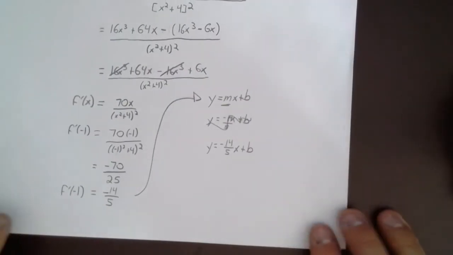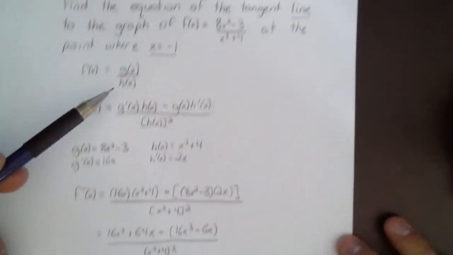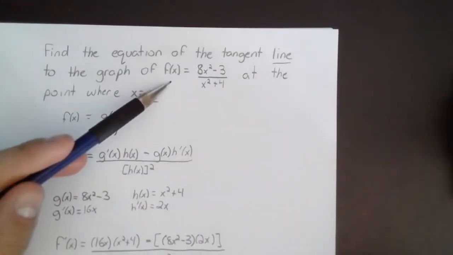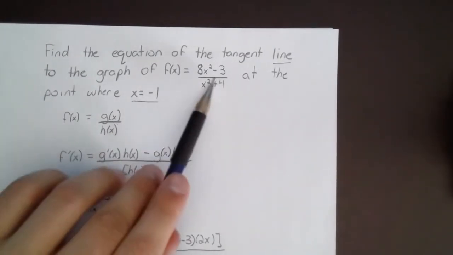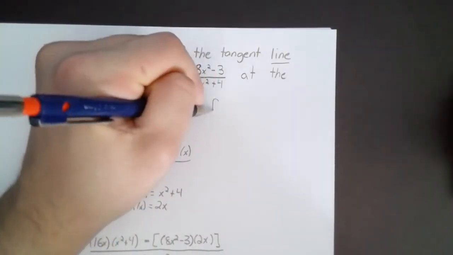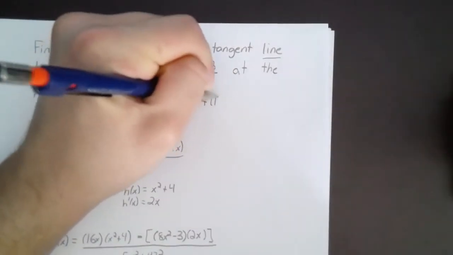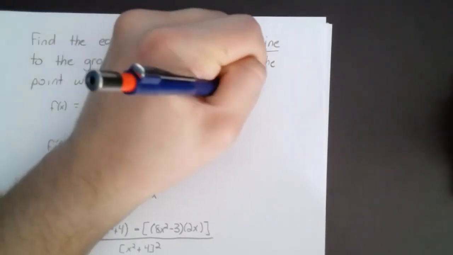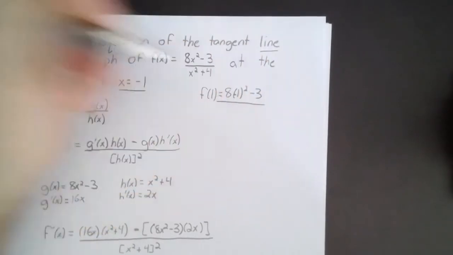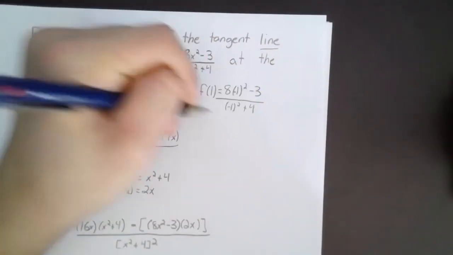So now I need to sub in a point. My point needs to come from my original function, f at x. So I'm going to sub in x equals negative 1 into this function to find a y coordinate. f at negative 1 equals 8 times negative 1 squared minus 3, all divided by negative 1 squared plus 4.